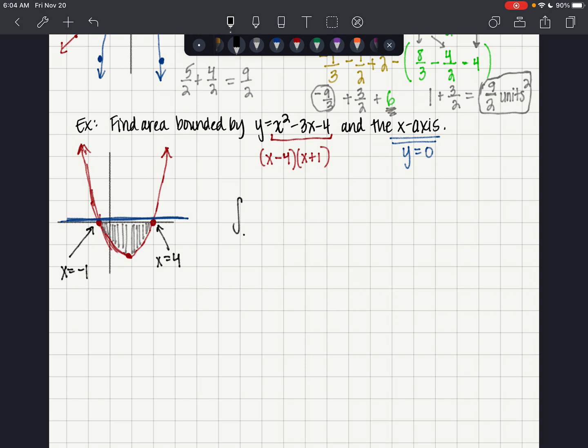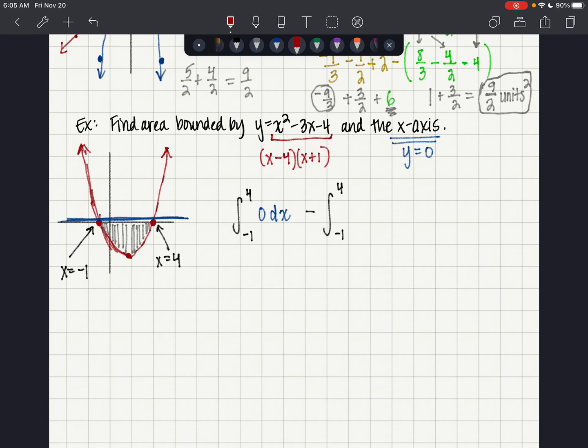So our integral from negative 1 to positive 4, we're going to have that blue graph on top. So that blue graph is 0 dx minus the integral of the red graph from negative 1 to 4, because that graph has lower value than the blue graph.